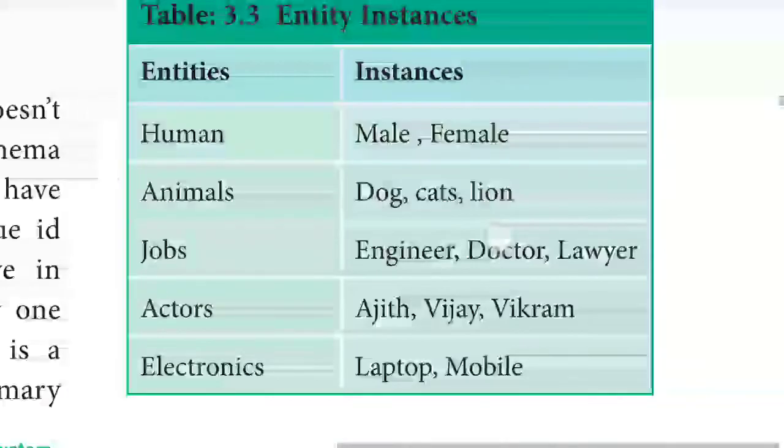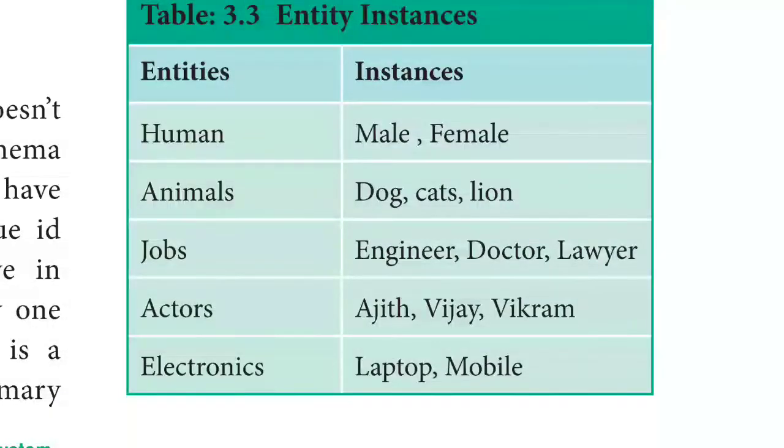Here you can see human, male, female, animal, dog, cat, lion, job, engineer, doctor, lawyer, actors, and electronics, laptops, mobiles, etc. For example, in our student management system database, the students are categorized into standards: first standard, second standard, third standard, up to 10th, 11th, 12th standard.